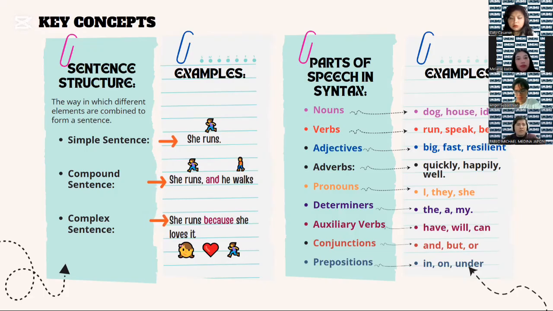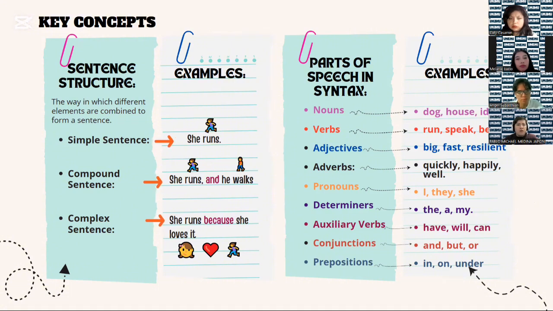Pronouns replace nouns to avoid repetition, like he, she, we, I, you. Determiners introduce nouns and tell us which one. For example, the, a, my. Auxiliary verbs help the main verbs form tenses or moods. For instance, have, will, can. And also in this part, we have the modal verbs that I can mention.